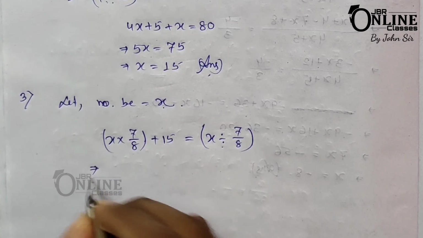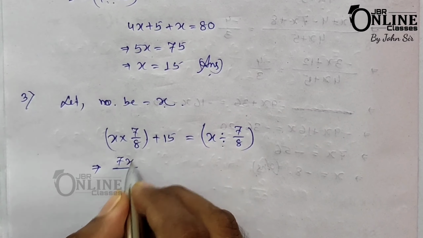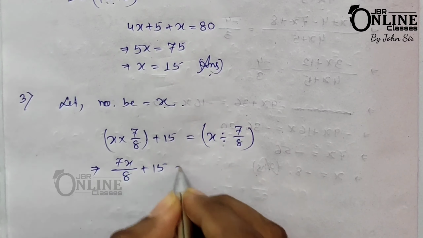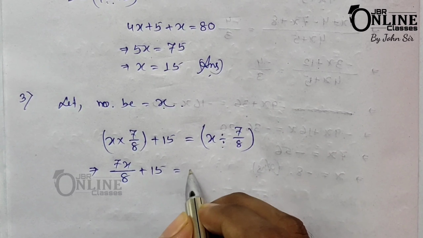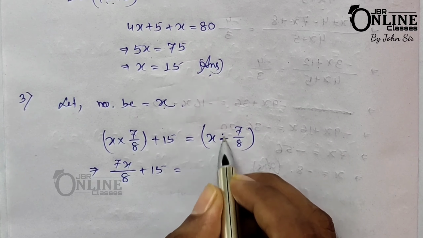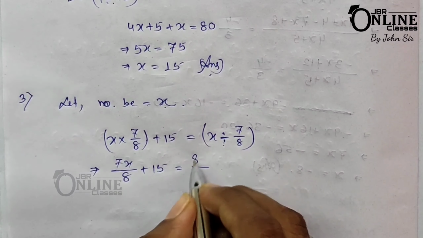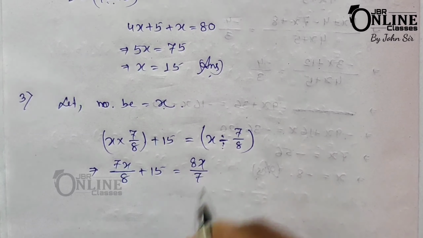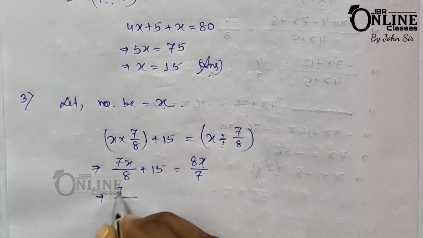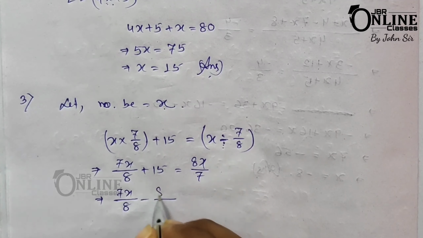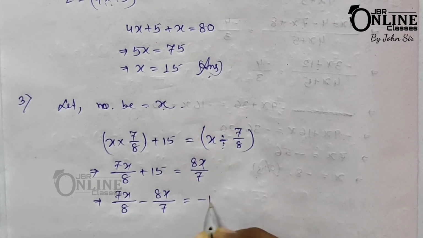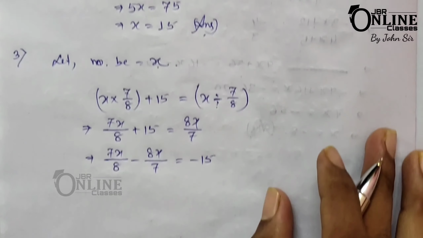So the equation is 7x by 8 plus 15 equals x divided by 7 by 8. If we convert divide into multiply, it will be 8 by 7, so it becomes 8x by 7. So 7x by 8 minus 8x by 7 equals minus 15.